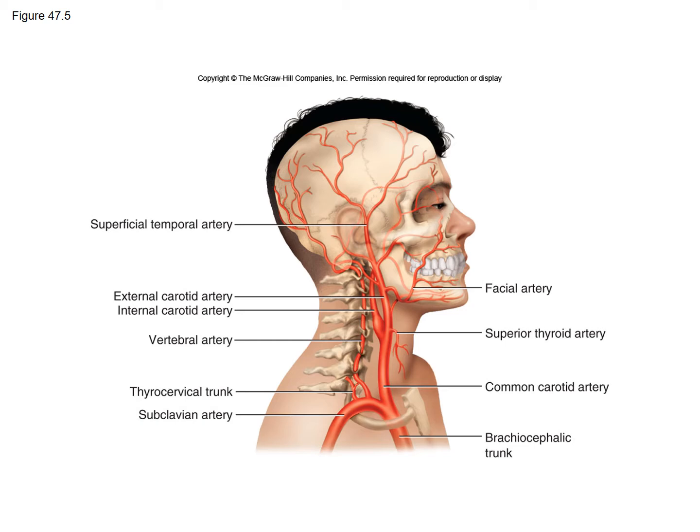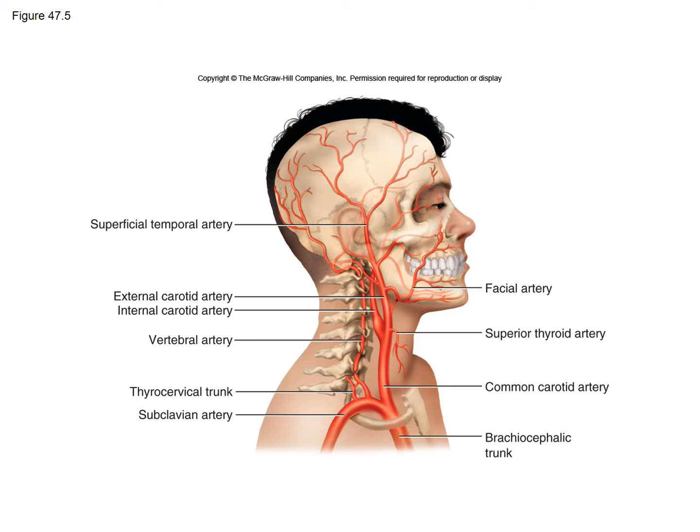So the aorta is going to give you the brachiocephalic. From the brachiocephalic, you're going to get the subclavian artery, subclavian, on top of the clavicle. The other one will be the common carotid artery, which will be divided into the external carotid artery and internal carotid artery.